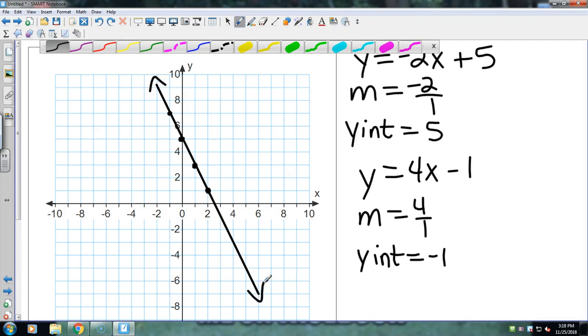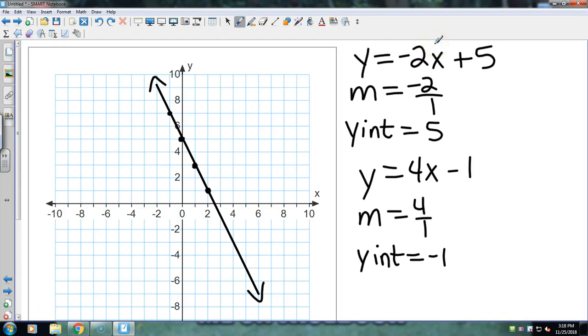I would advise you at this point, just to make sure you can graph okay, to go ahead and hit pause, graph the second one, and then come back online and see if it works out. Okay, so we're back. If you paused, or if you didn't pause and just left it going, then it is what it is. So our second one, our y-intercept is negative 1. It's right about there.